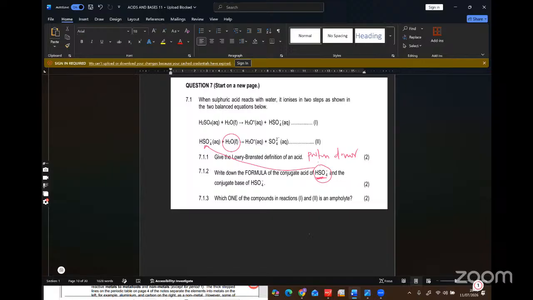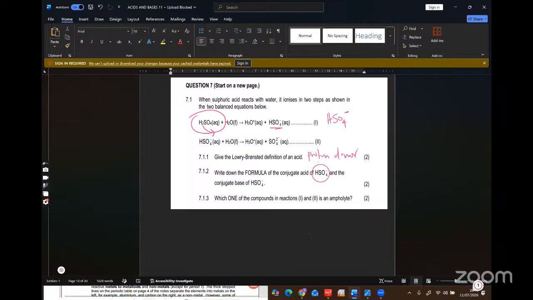Let me check this question again. Let me erase this and look at how it is done. It says write down the formula of the conjugate acid of this. So if this is, let's say, HSO4 minus, the acid of this one is this one, because this one is the one that donated hydrogen, and eventually you got this.